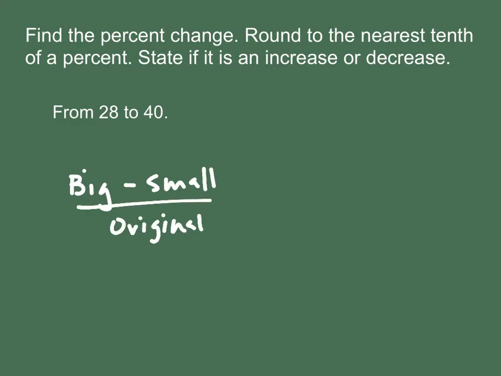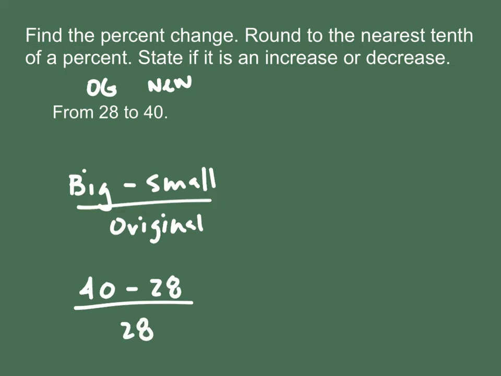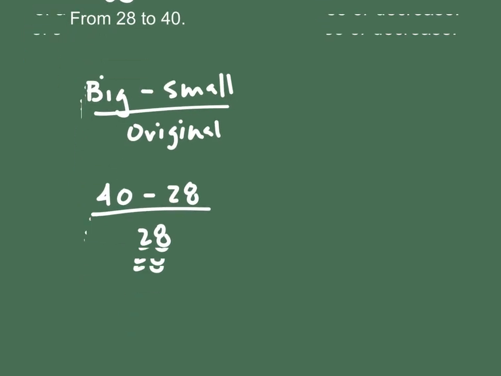In this case, the big number is 40 minus 28, and the original is always your first one, the OG. This is your new. So 40 minus 28 over 28. 40 minus 28 gives us a value of 12, divided by 28.